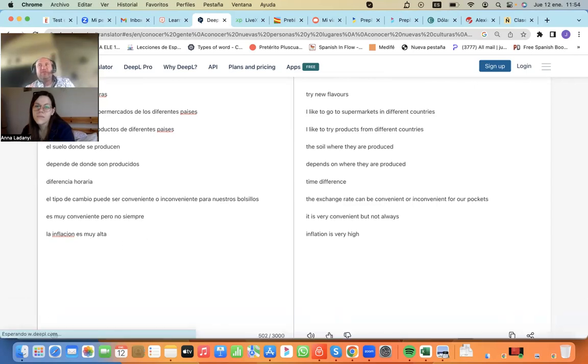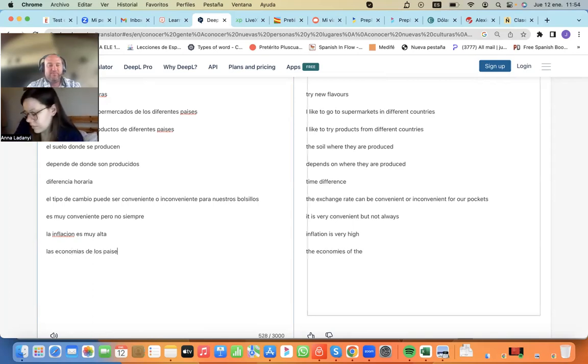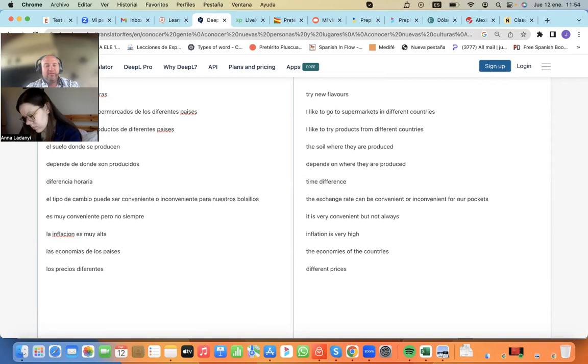This is another difference when you travel. Las economías de los países, los precios diferentes, ¿ok? En algunos lugares puedes comprar muchas cosas, ¿sí?